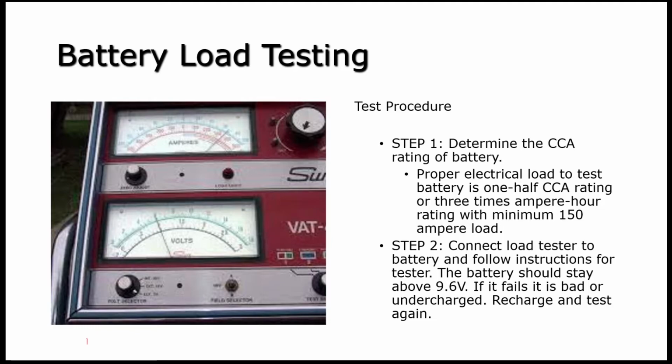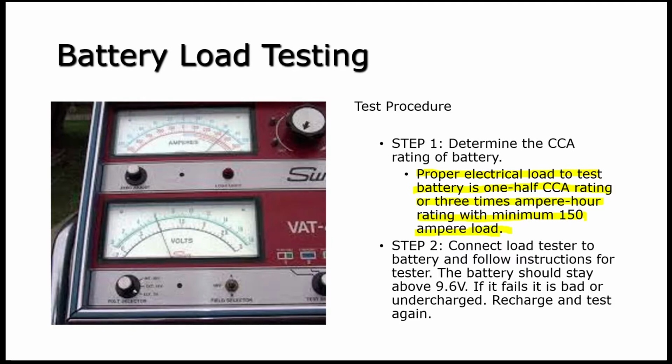So, proper electrical load testing of a battery is 1/2 the cold cranking amps, and I want to emphasize that right there. I'm going to probably get a highlighter on that. The proper electrical load to test the battery is 1/2 of the cold cranking amp rating, or 3 times the amp hour rating, with a minimum of 150 amp load.